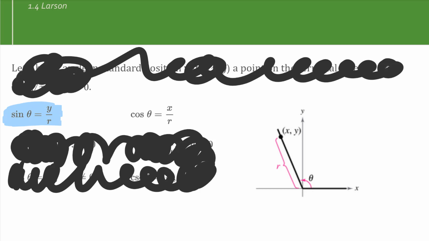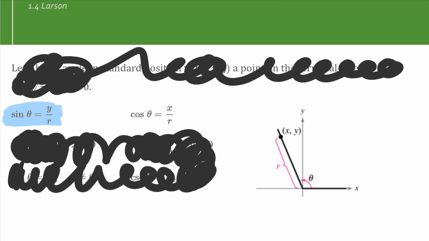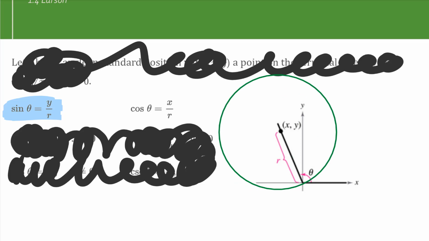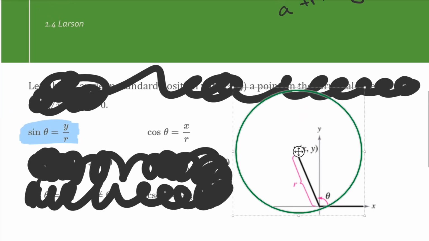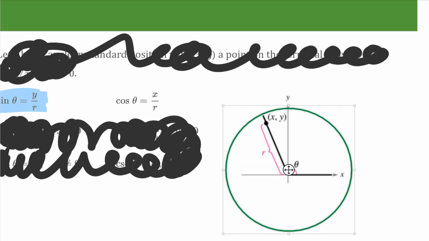And now let's look at our picture over on the right. Why we're calling that thing r, just to give you an idea: the radius of a circle, that's why it's called r.